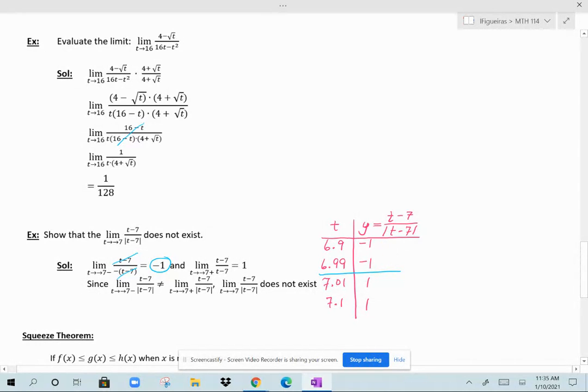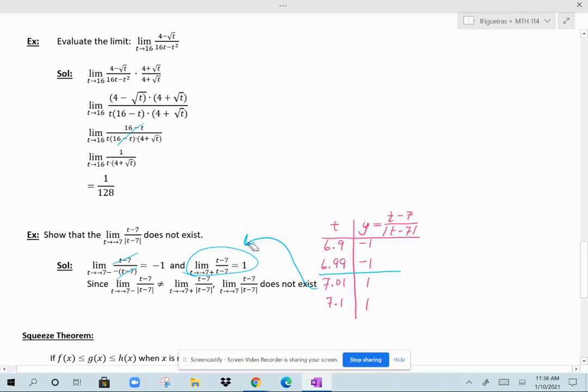When I approach 7 from the right, like if I plug in 7.01 or any number to the right of 7, I'm going to get a positive result in the numerator, a positive result in the denominator, and they will be the same numbers, and therefore the ratio is just 1.